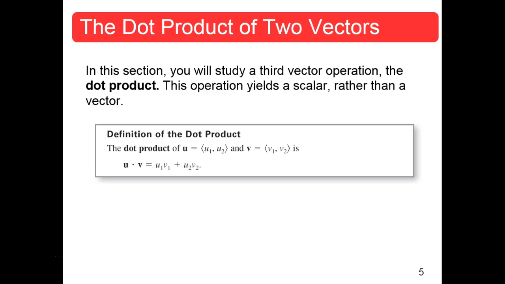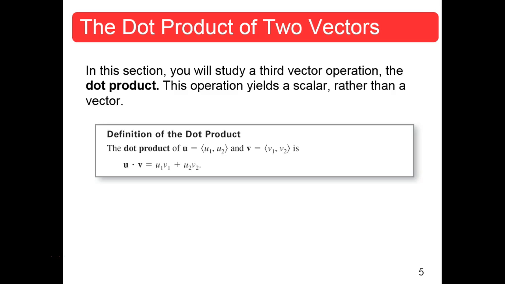So here's how we define the dot product of two vectors. Now these are two-dimensional vectors. U is ⟨U1, U2⟩ in component notation. V is ⟨V1, V2⟩ in component notation. The dot product of these two would be: multiply the first components together, U1 V1, and add to that the product of your second components, U2 times V2.